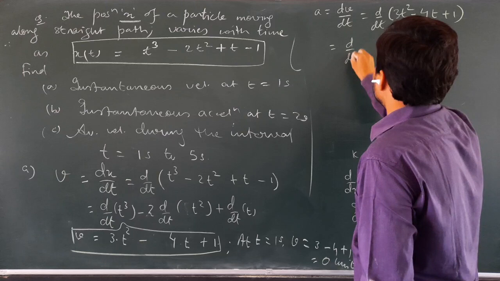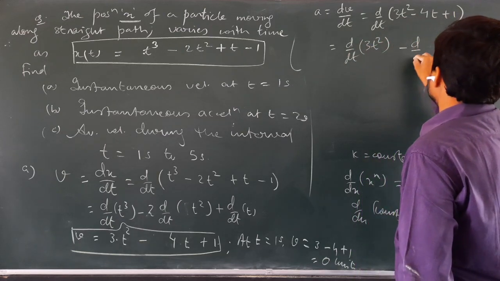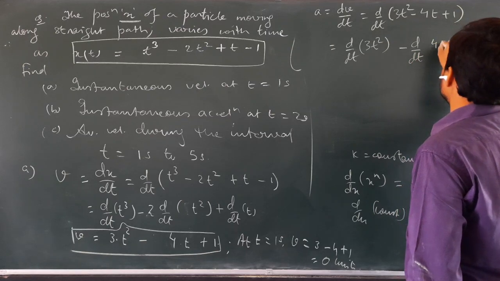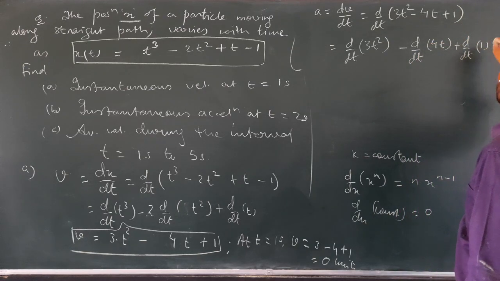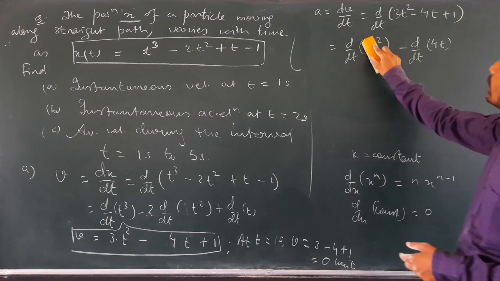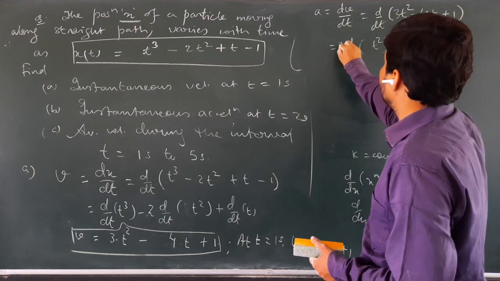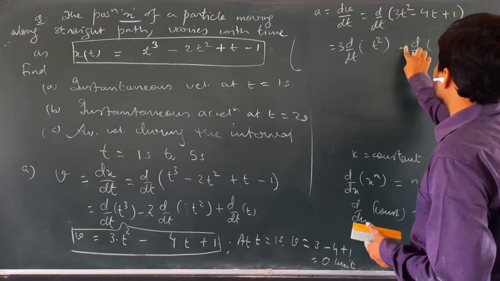So d by dt of 3t square minus derivative of 4t plus derivative of 1. Can you guess which of these three will become 0? This one, because 1 is a constant, derivative is 0, so this will become 0. 3 will come out of the derivative. 4 will also come out of the derivative because they are constants.